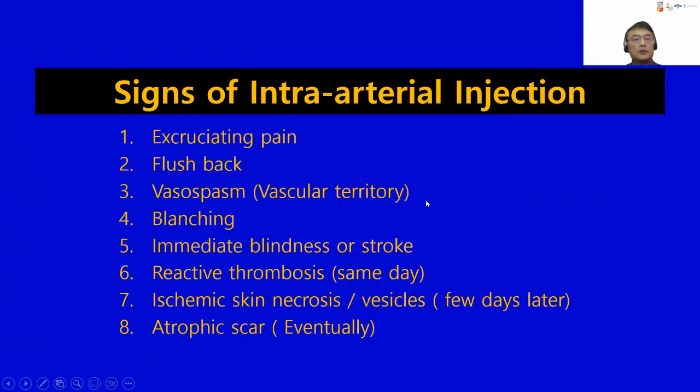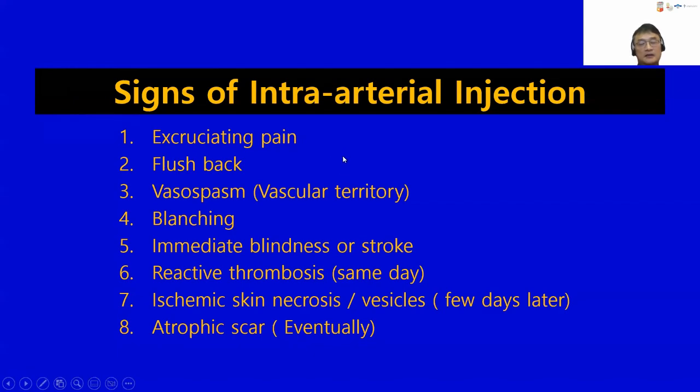When we get an intra-arterial injection, we should realize it immediately through these symptoms and signs, and the patient's complaint: sudden excruciating pain is very important. You can see pushback on the skin, then vasospasm and blanching on the skin.